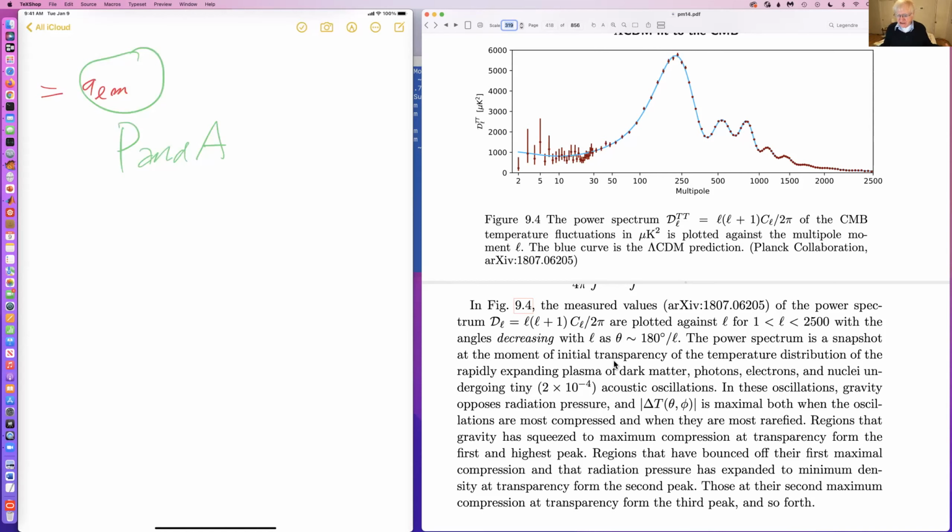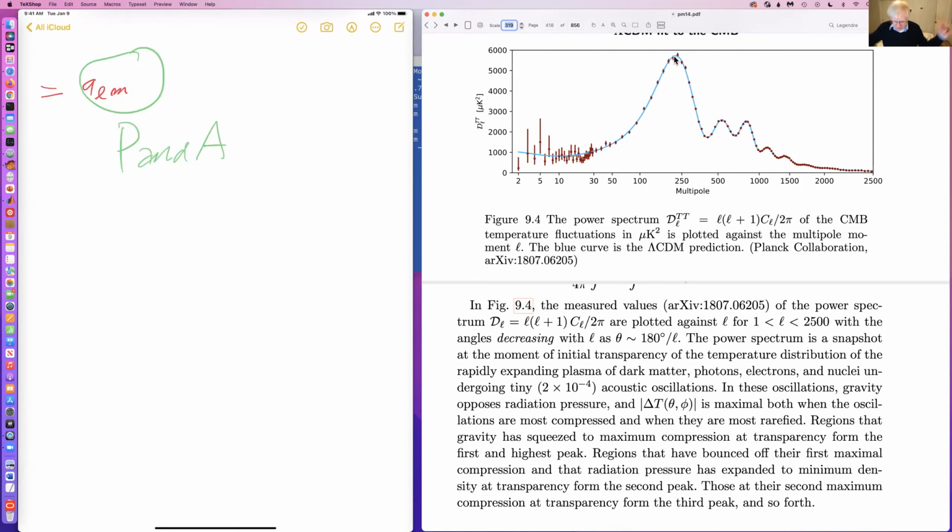And so basically, when everything gets compressed the most, you have the highest temperature. When the thing is expanded the most, you have the lowest temperature. And so the regions that gravity has squeezed to maximum compression form the first peak.